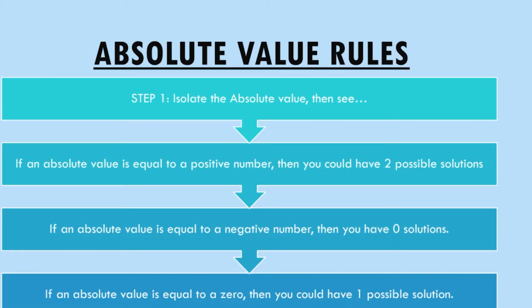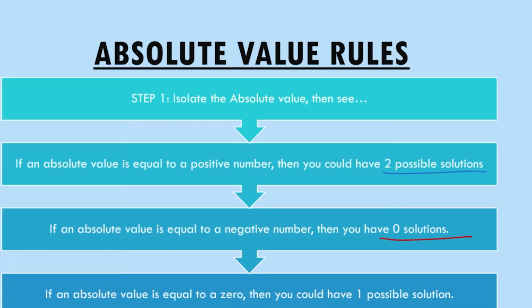Is it equal to a negative number? Or is it equal to 0? If it's equal to a positive number, that means you're going to get two possible solutions. If it's equal to a negative number, you're going to get 0 solutions, or also known as no solution. If it's equal to 0, then it's equal to 1 solution, meaning you're going to get 1 answer.